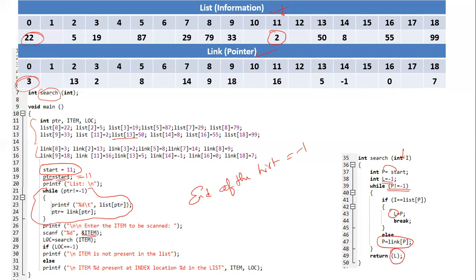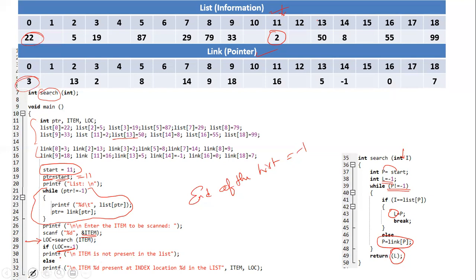So where is the calling program? Here we have it at line number 28. That will give the LOC. Yes, LOC may be anything. If the value returned by the search algorithm is -1, then we say that the item is not present in the list.